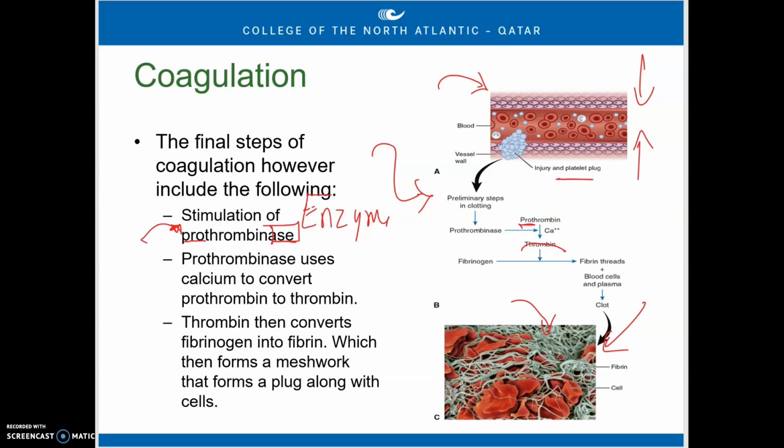Then it uses calcium to turn into thrombin, and when thrombin's present, it can help turn fibrinogen into fibrin, and then those fibrin threads will trap more platelets, more red blood cells, and it'll essentially stop any bleeding. So it's a little bit of a complicated process, but that's what happens when we have coagulation, and we end up with a stopped bleed.